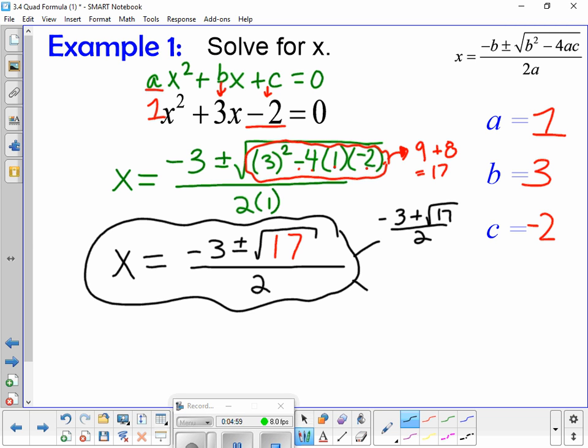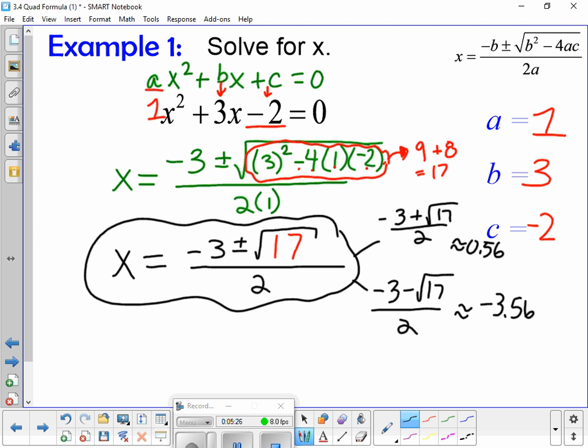The first one would be negative 3 plus root 17 over 2, which if you type that into your calculator is about 0.56, I think. And the other one is negative 3 minus root 17 over 2, which if you type that in your calculator is around negative 3.56.